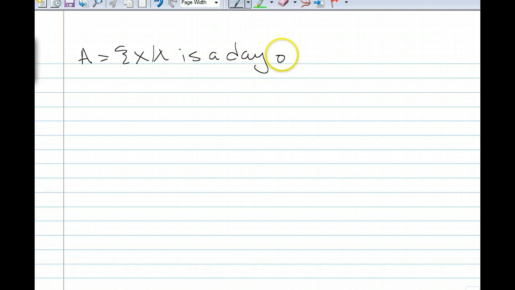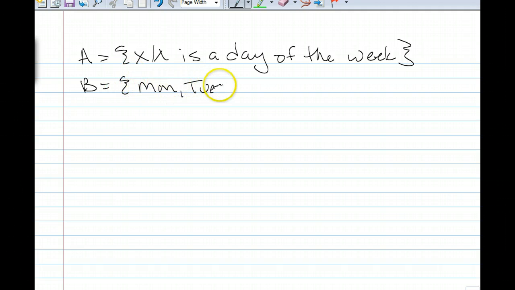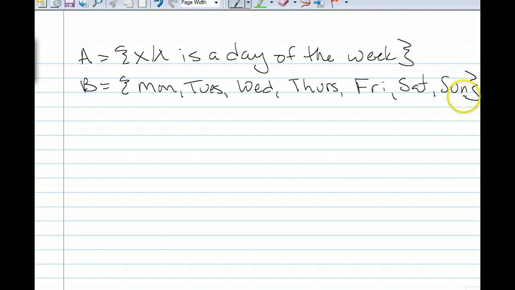All right. Another example: A is the set of X such that X is a day of the week, and B is a set that has Monday, Tuesday, Wednesday, Thursday, Friday, Saturday, and Sunday. Does A subset B? Yeah, it does.